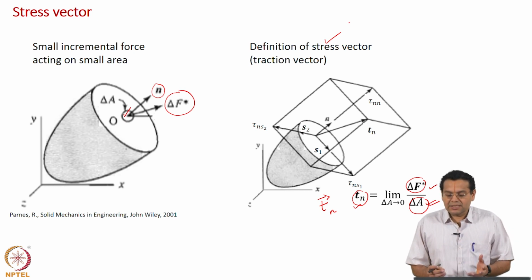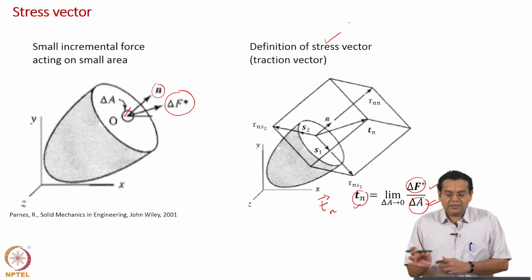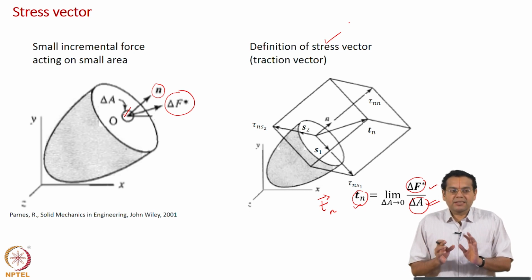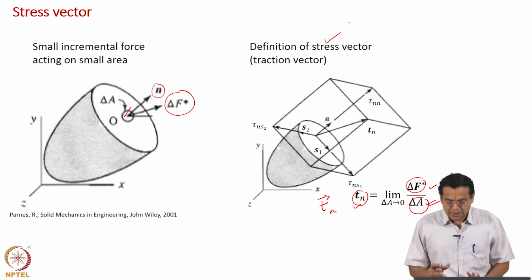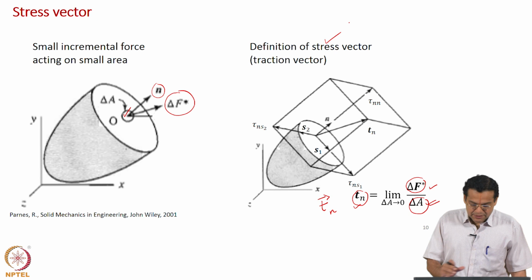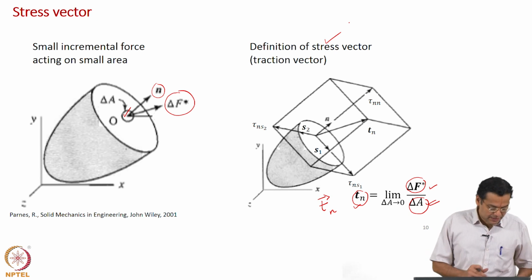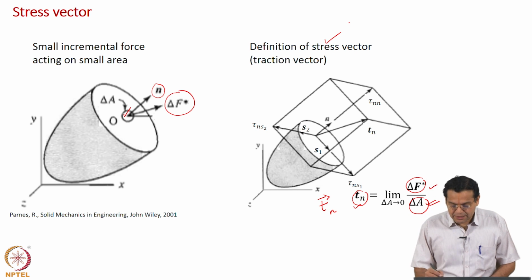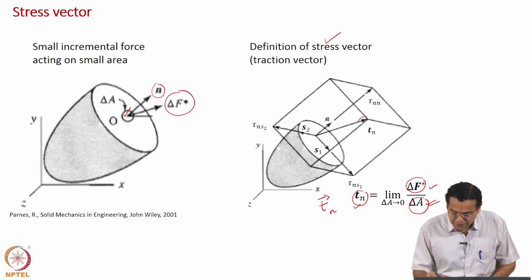That is a small distinction between using stress vector and traction vector as terminology. If you leave it as stress, it is incomplete; it could be a vector or a tensor. But if you say traction, invariably it is a vector, though we will use the terminology stress vector. This right hand side we will come across in the next slide as well, so I will discuss it then. So, we have defined the stress vector, and that is what is shown here.